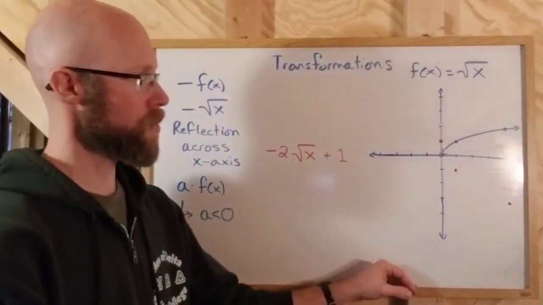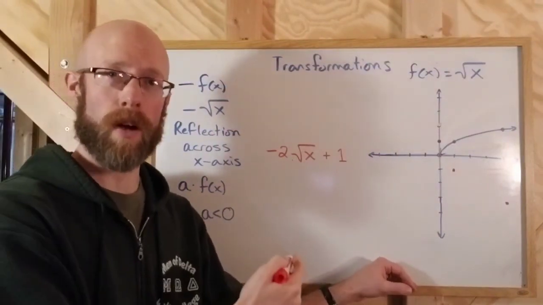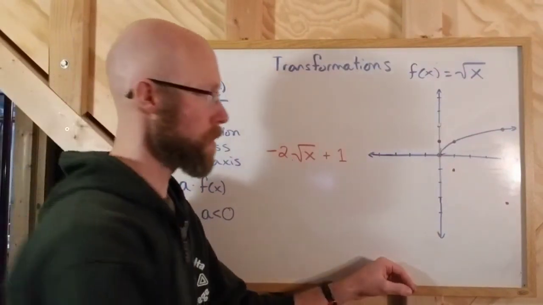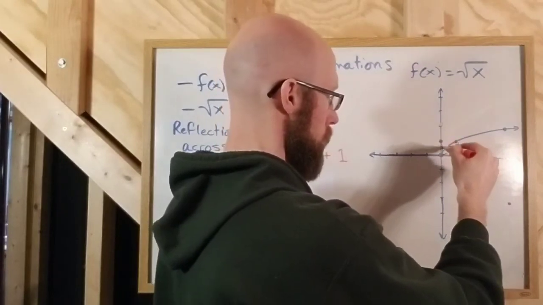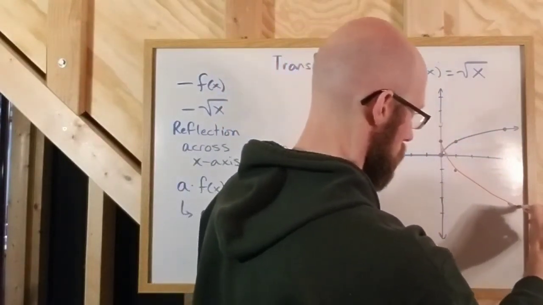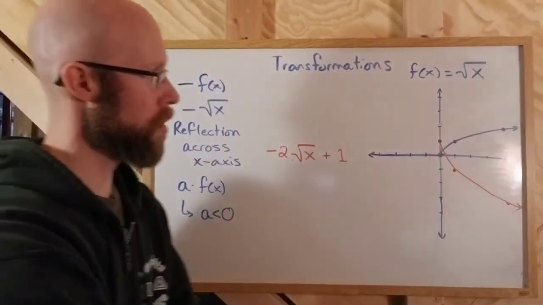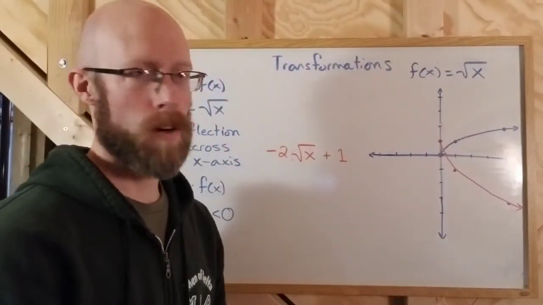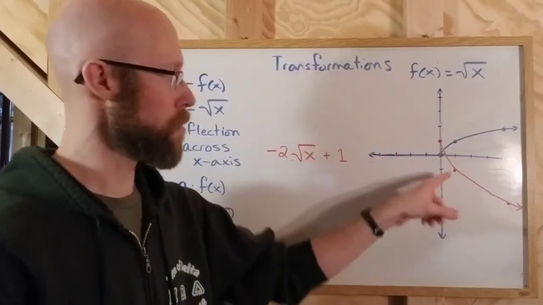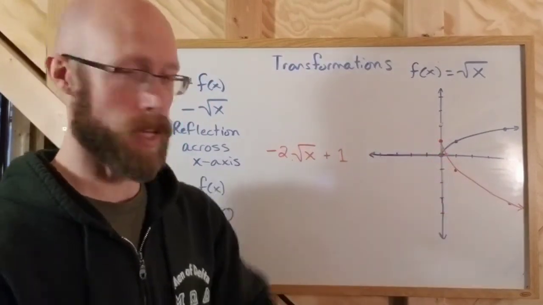And that gives us the actual final graph after all of the transformations have been performed. I can connect the dots. And that would give me all the proper outputs at positive 1, negative 1, and negative 3.